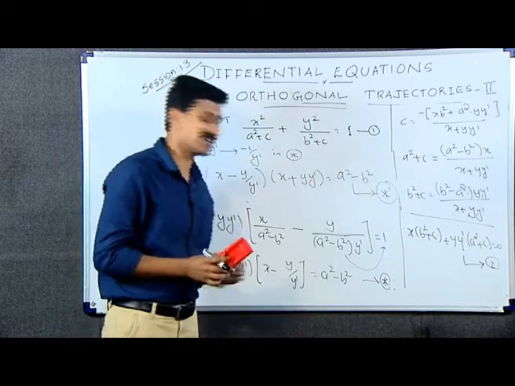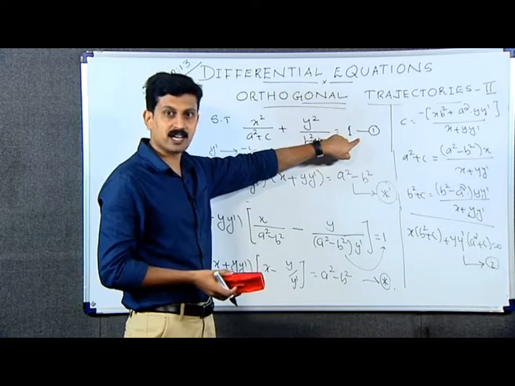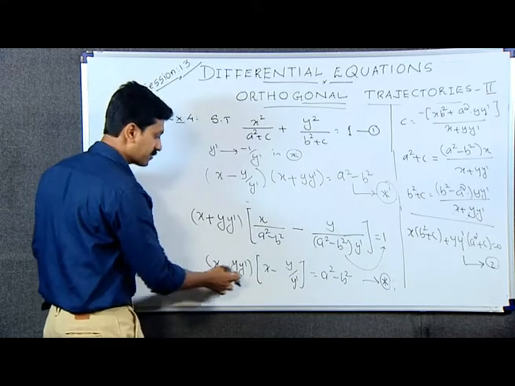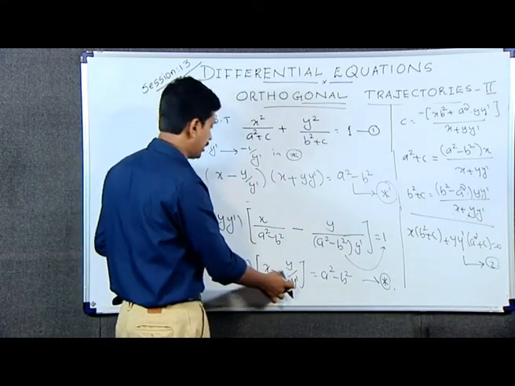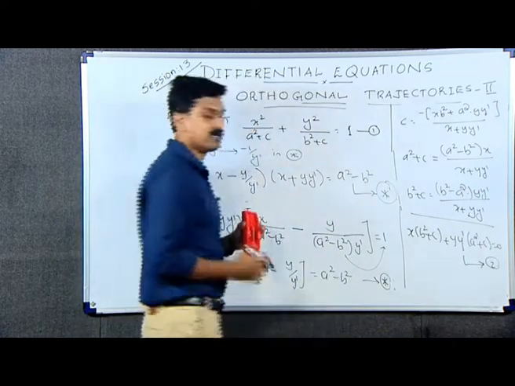Compare star and star dash. See, star we derived from 1, 1 is the collection of all ellipses, and here x plus y dash is there in the left side, that is also here, and x minus y divided by y dash is there, that is also here, and as well as in the right side a square minus b square is there.